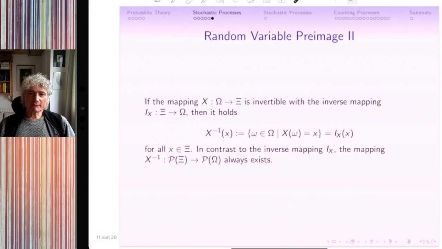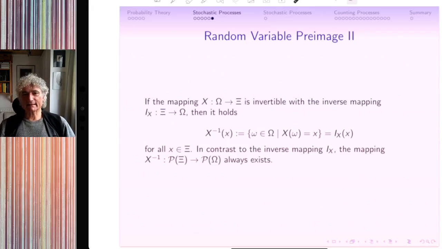Now if the mapping, the random variable X from omega to Xi is invertible with the inverse mapping I_X, which is then of course a mapping from the observation space Xi to the sampling space omega, it holds that this pre-image of some value x in Xi is exactly defined as the omega in omega such that the random variable applied to omega is equal to this numerical value x.